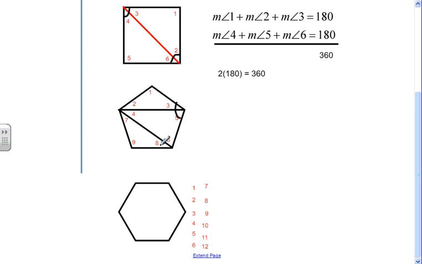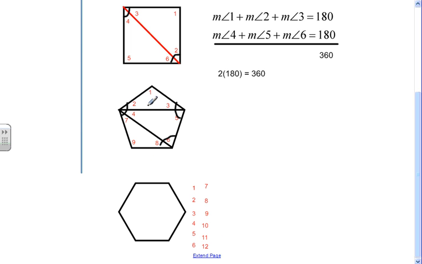If I add 6 and 8 together, we get the whole big angle for the lower right hand. And if I add 2 and 4 and 7 together, I get the whole angle for the upper left hand angle. So if I just add angles 1 through 9, I get the total of the angles of the original pentagon.